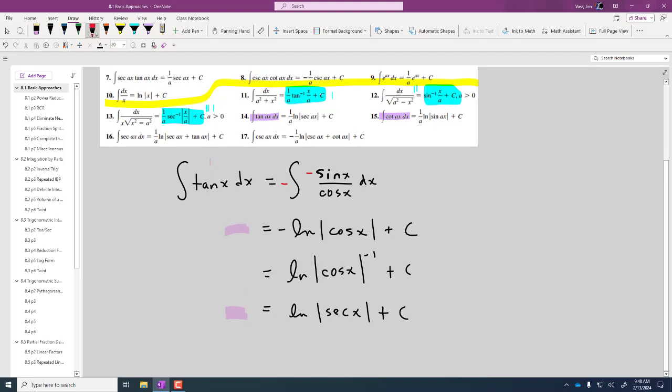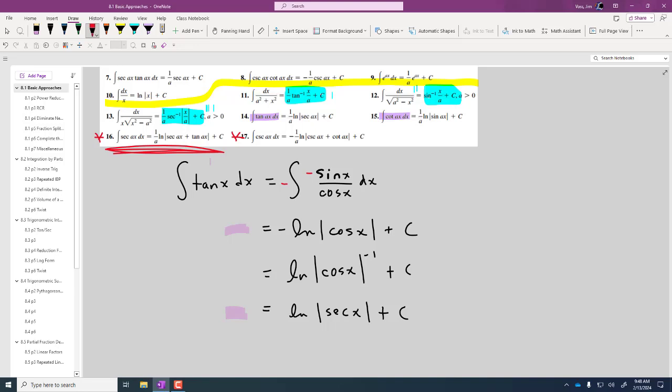Now these ones are a little crazier. We are going to see this one a fair amount right there, the integral of secant. So let me say this. When we look at our trig functions, we know that sine and cosine essentially integrate to each other.